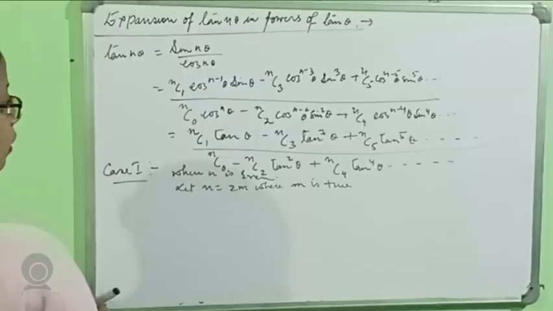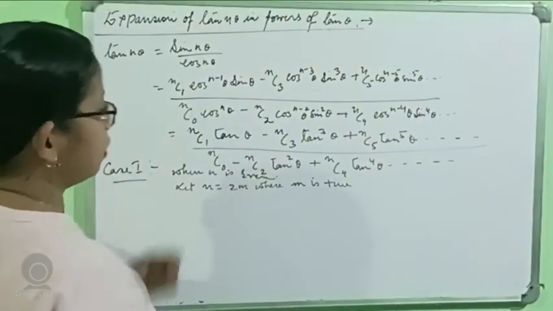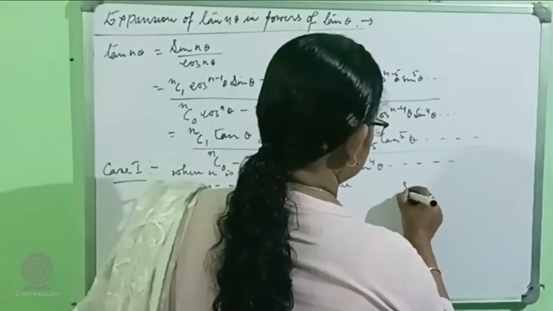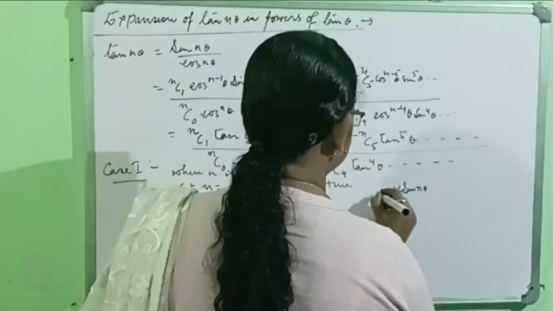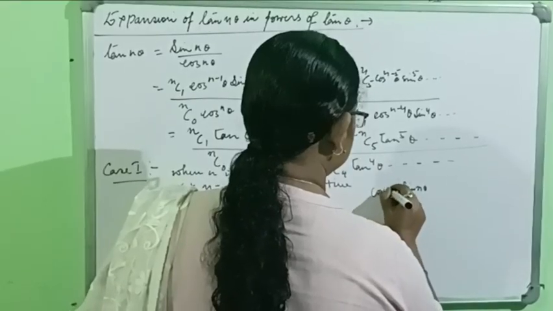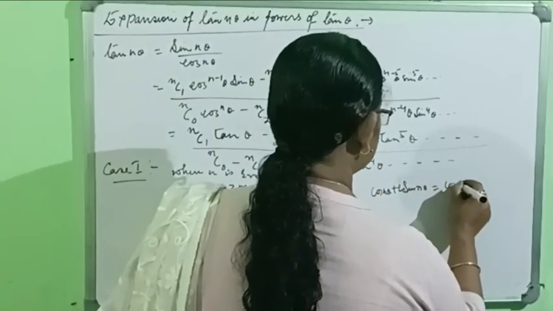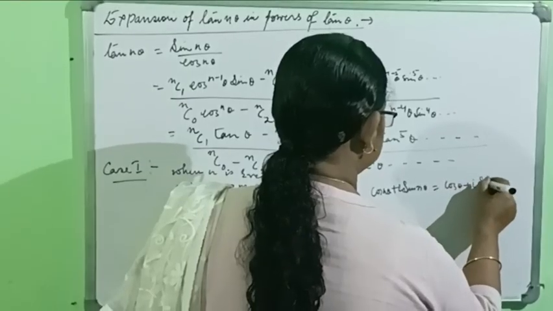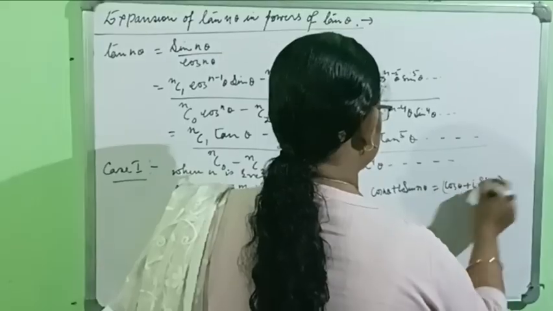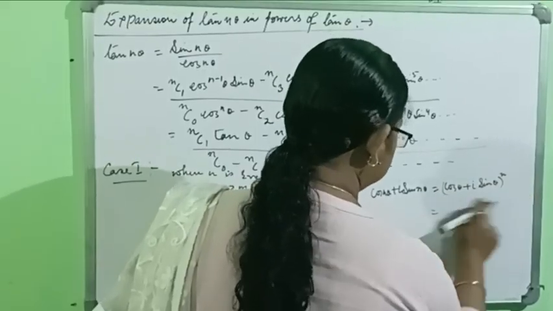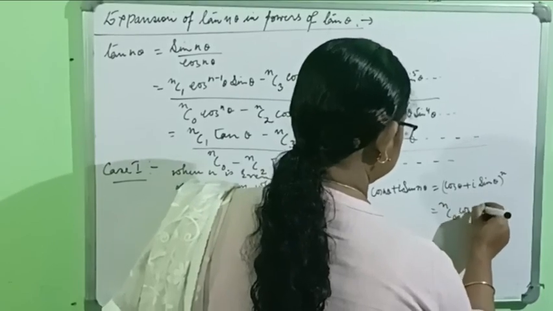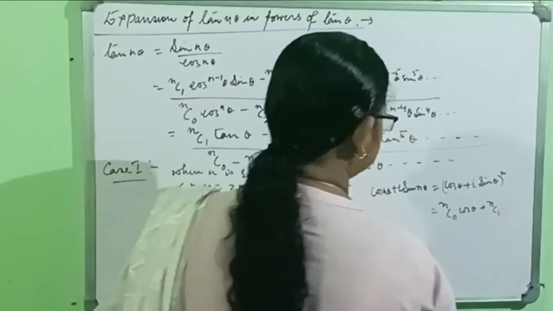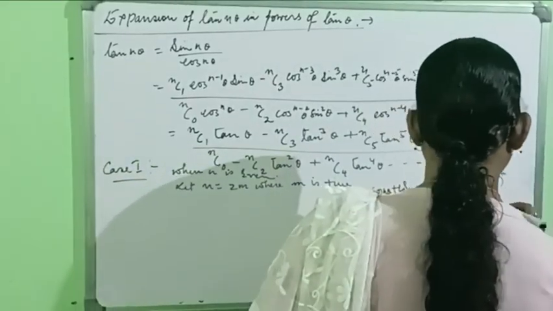Now the last term of the expansion: we know that cos n theta plus i sin n theta is equal to (cos theta plus i sin theta) to the power n. If we expand this by binomial expansion, we will get this.